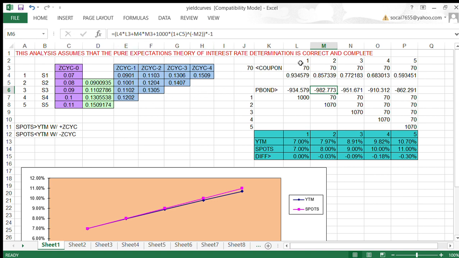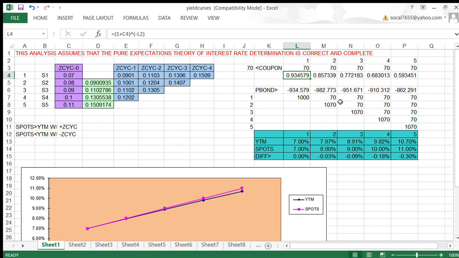It's L4, which is the present value interest factor, 1 plus C4, right? 1 plus C4, which is the 1-period spot rate, raised to the power negative L2, which is just -1, so it's just 1 over that, so it's a PVIF.